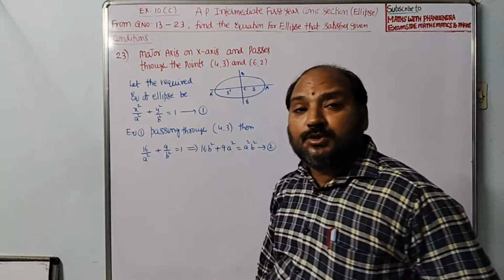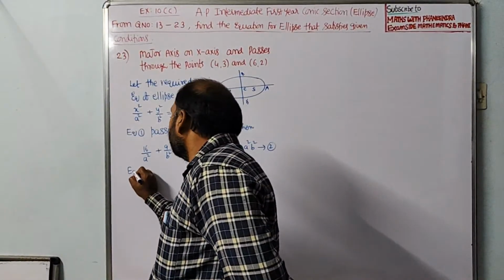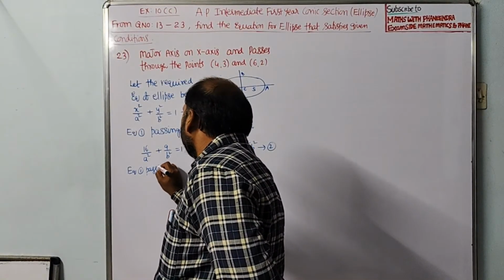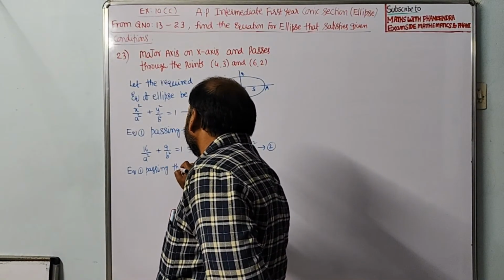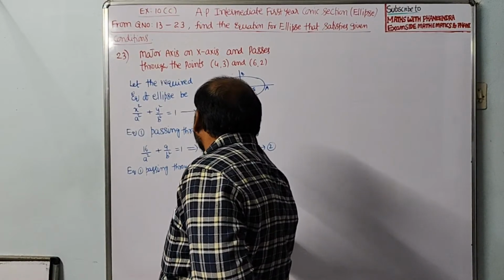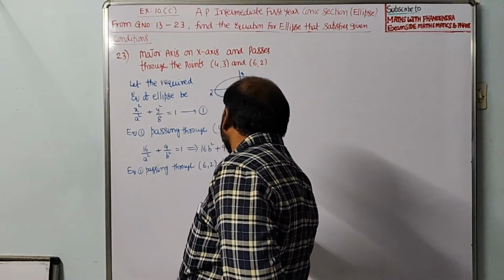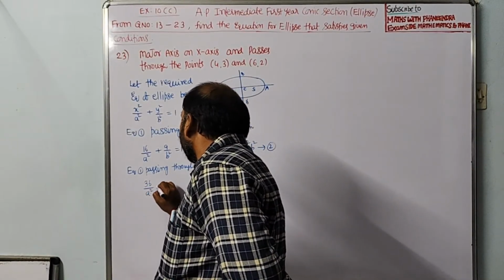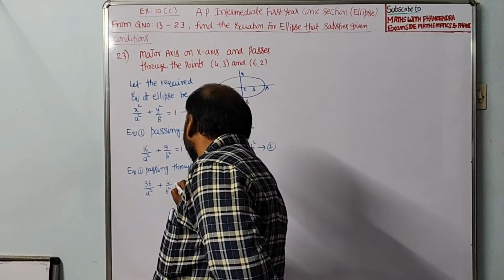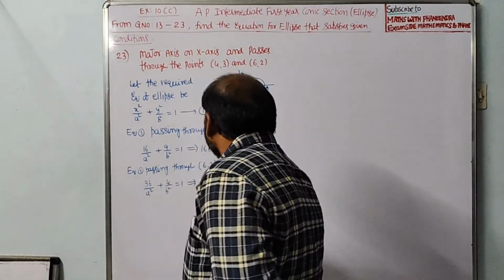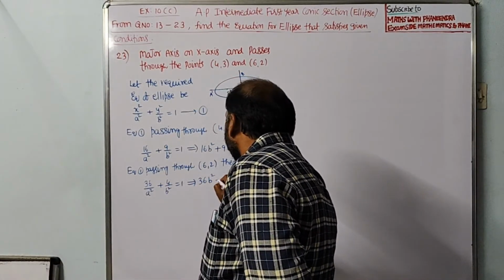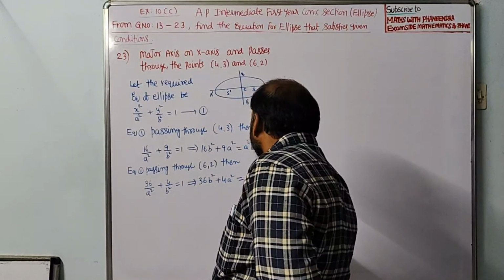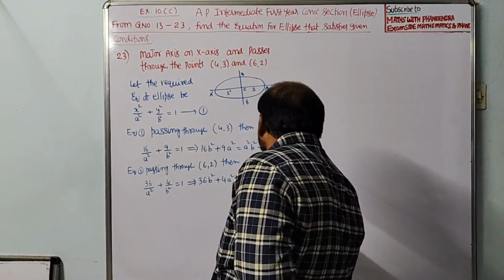Equation number 2. Equation 1 passes through 6 comma 2. Then 36 by a square plus 4 by b square equal to 1. 36b square plus 4a square is equal to a square b square, keeping that as equation number 3.